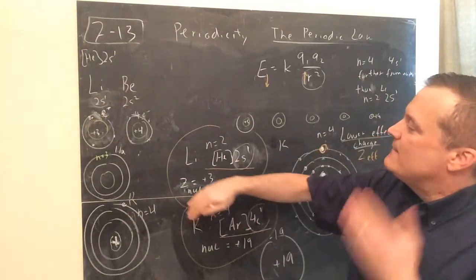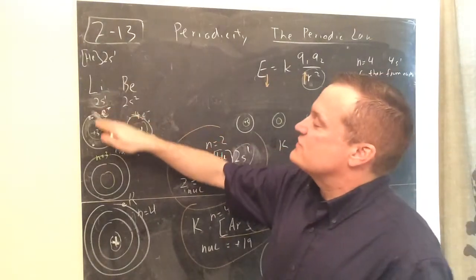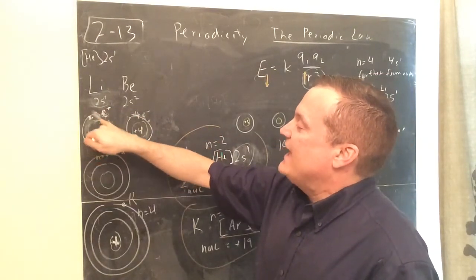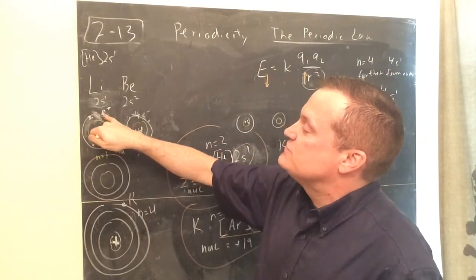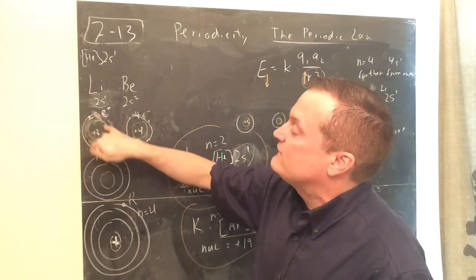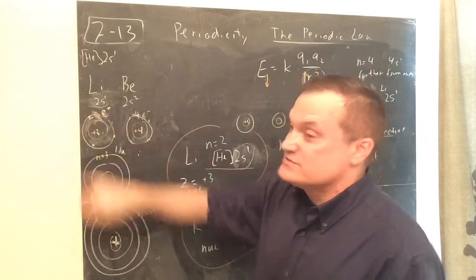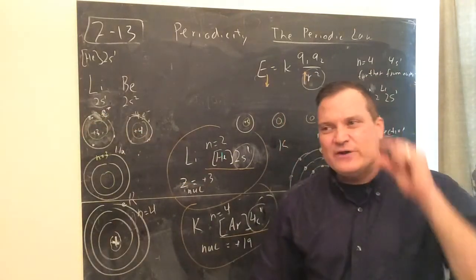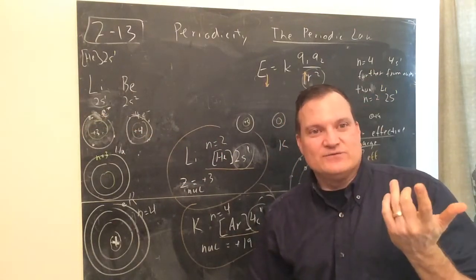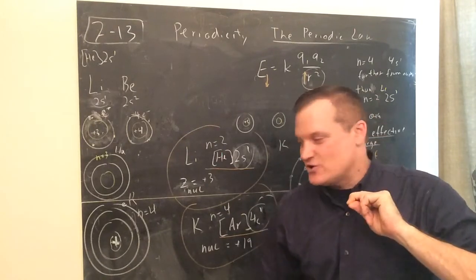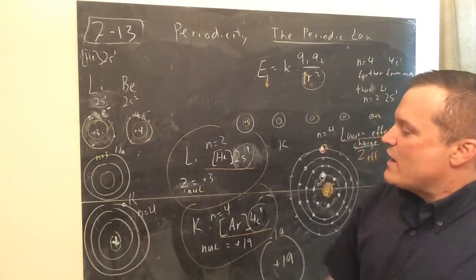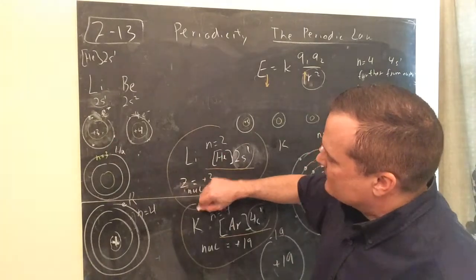But for lithium, its electron is closer to the nucleus, and it only experiences shielding from the n equals 1 layer. Its electron is closer at n equals 2. Every electron is a negative 1 charge, the same charge, whether it's on the outside of potassium or the outside of lithium.